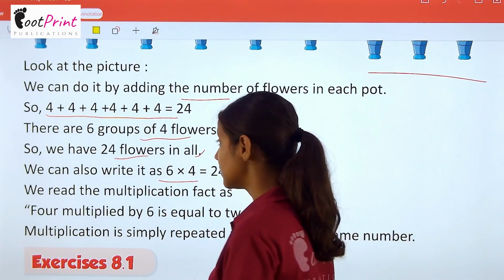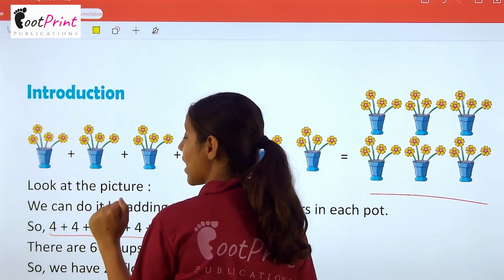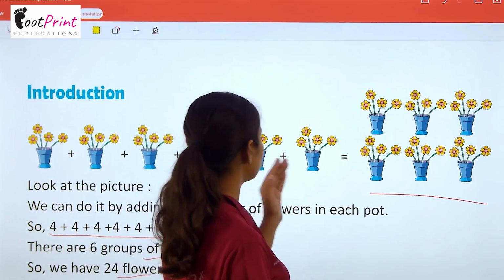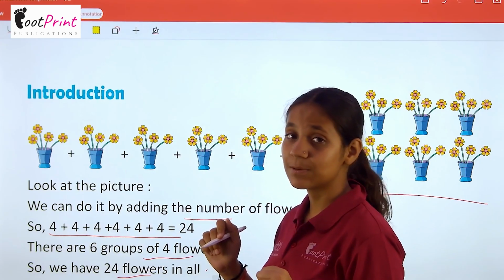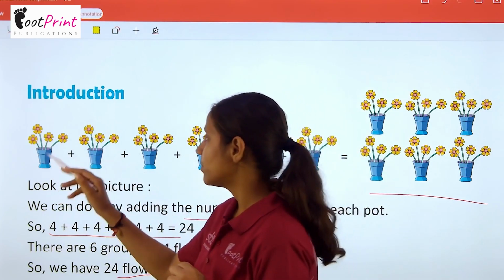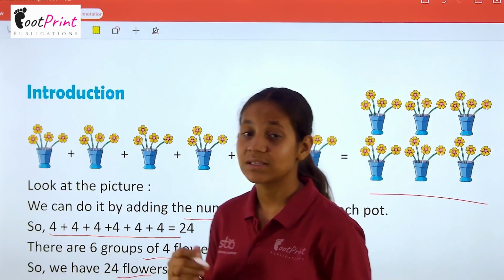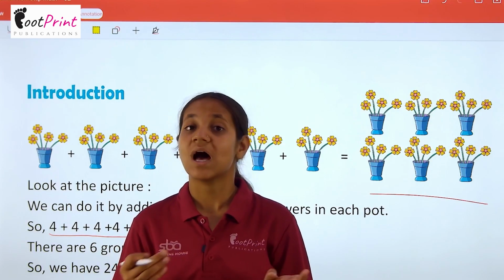So students, what we are seeing here is that each pot contains 4 flowers, and to find how many flowers there are in 1, 2, 3, 4, 5, 6 pots, we can simply do the addition: 4 plus 4 plus 4 plus 4 plus 4 plus 4, 6 times 4. That is also known as multiplication. 6 multiplied by 4, so the answer will be the same.